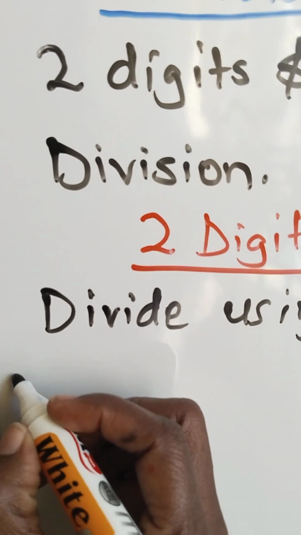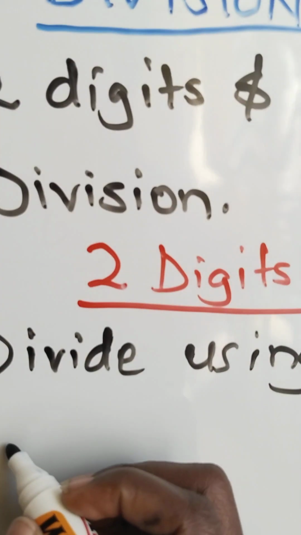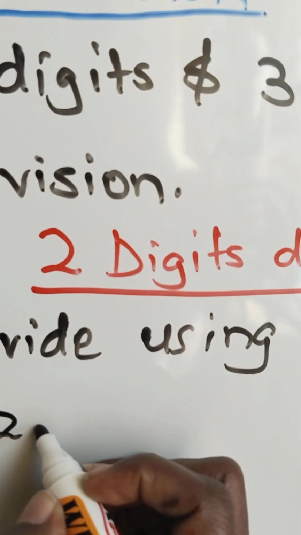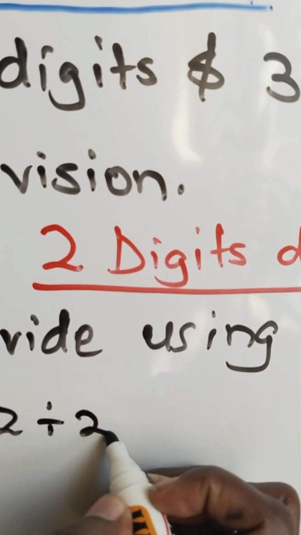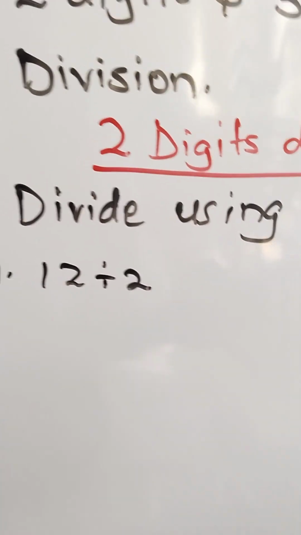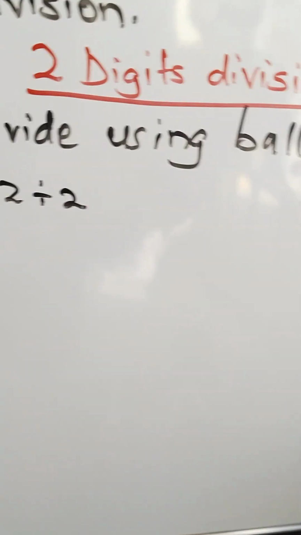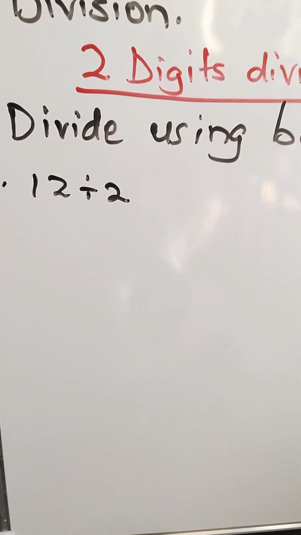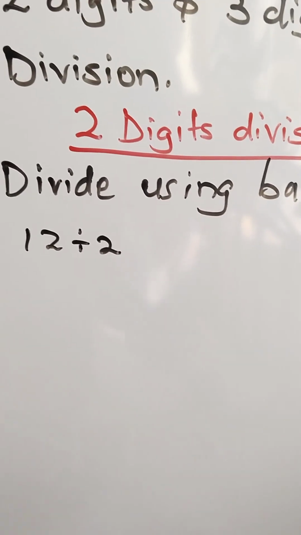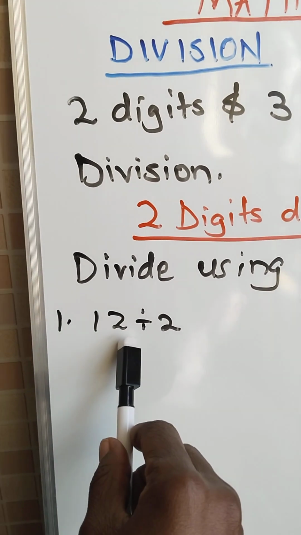Okay, let us start. Number 1. What is 12 divided by 2? So if you get a number which tells you 12 divided by 2, what do you do, kids? You are in an exam and you see 12 divided by 2. I've told you, when you see a 2 digits number, it means ones and tens.